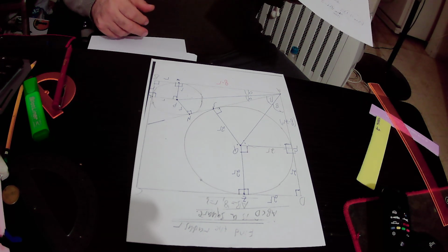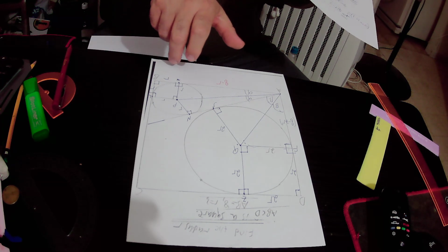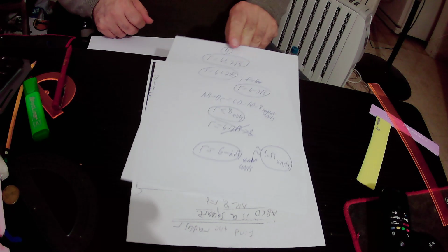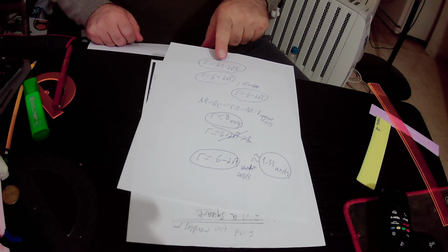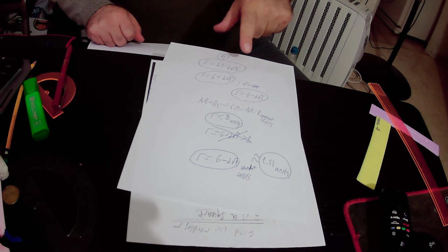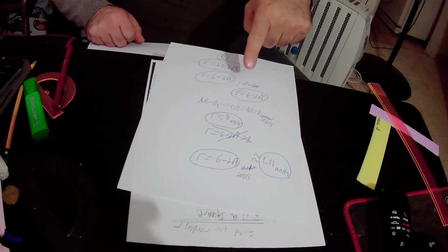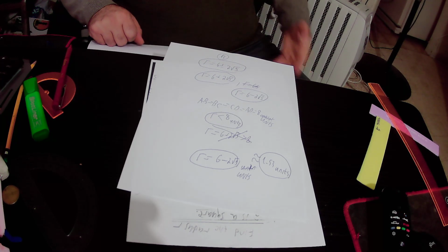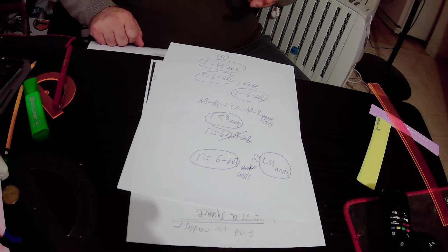So the possibility that R equals 6 plus 2 times root 5 is impossible because it is greater than 8 units. According to this answer, the circle itself would not be inside the square but outside the square.